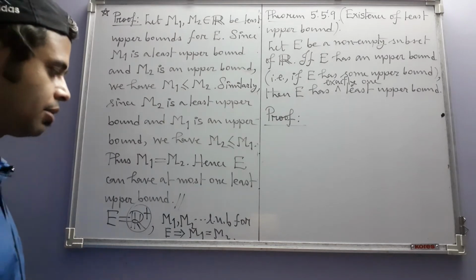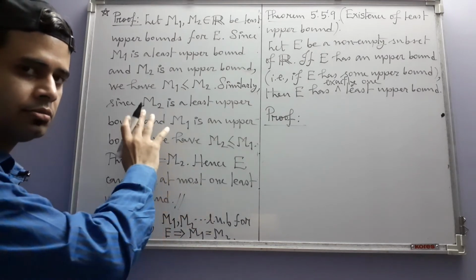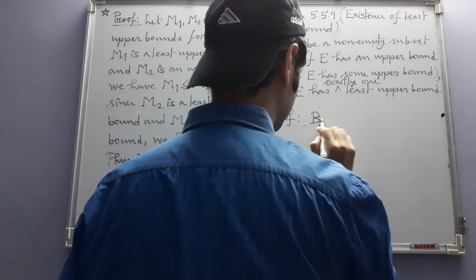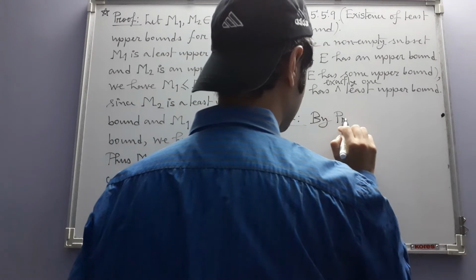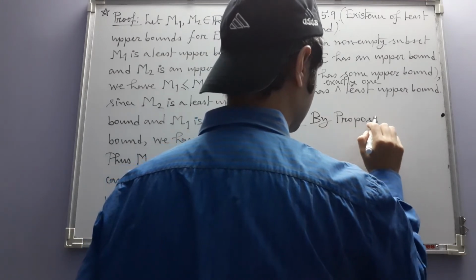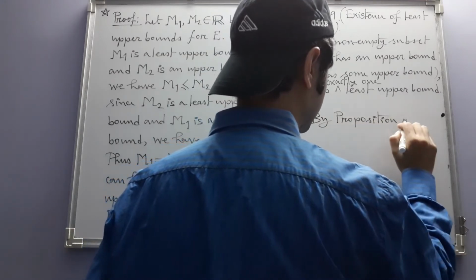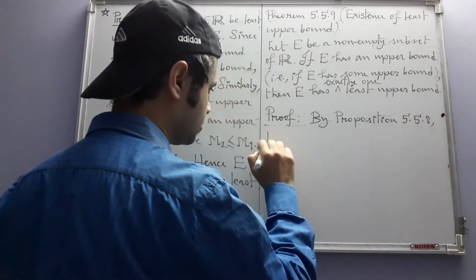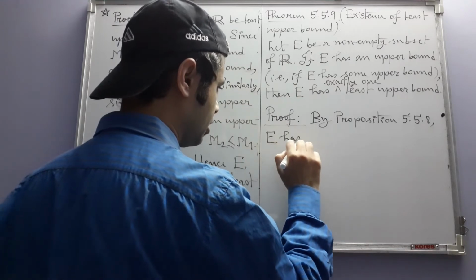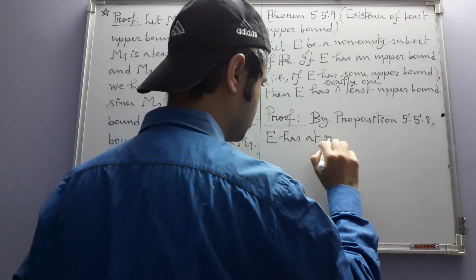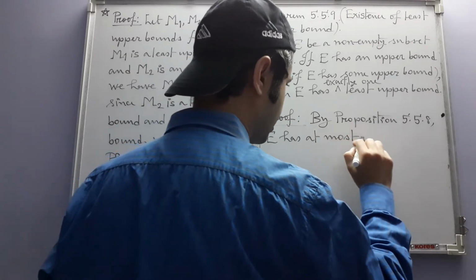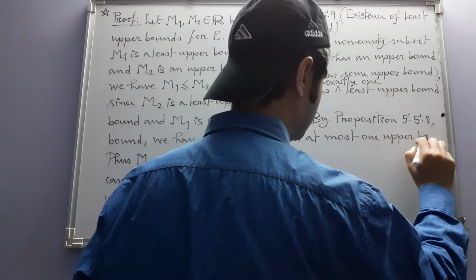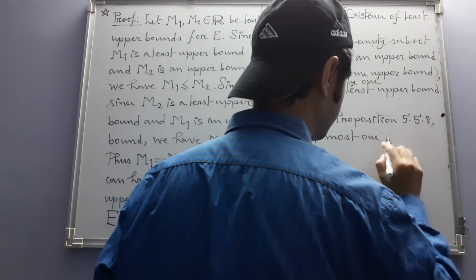So that exactly one part we can argue from this result, proposition 558. E has at most one least upper bound.